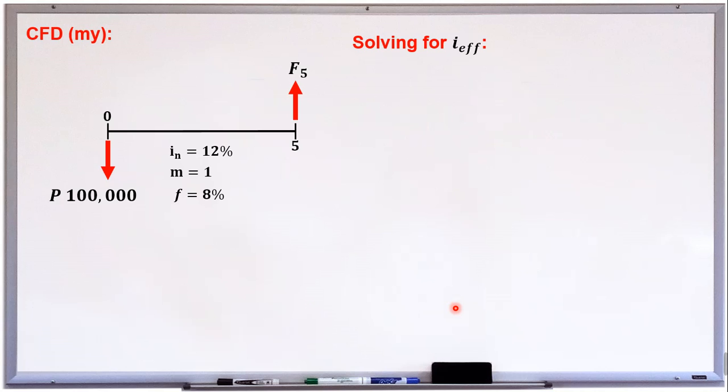Next, we're going to solve for the actual effective interest rate given to this account. Again, this is the interest rate that takes into account the combined effects of the given interest rate, that is 12%, and the given inflation rate, that is 8%. How are we going to solve for this?